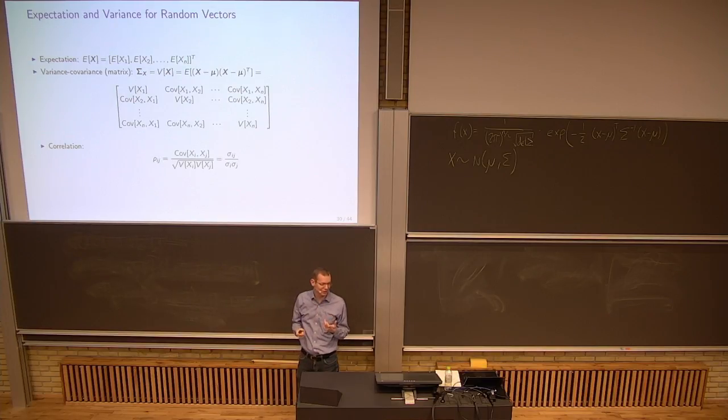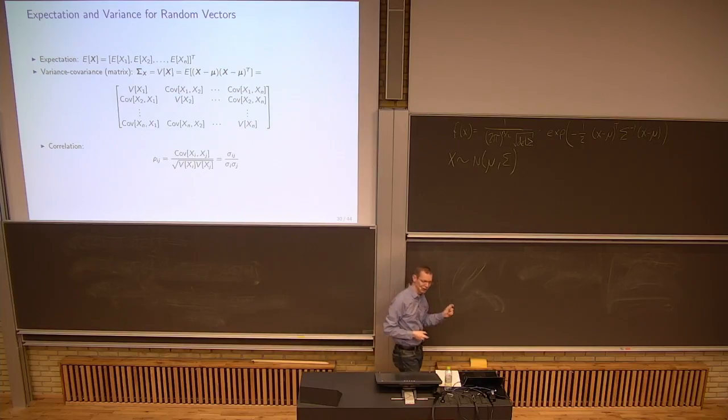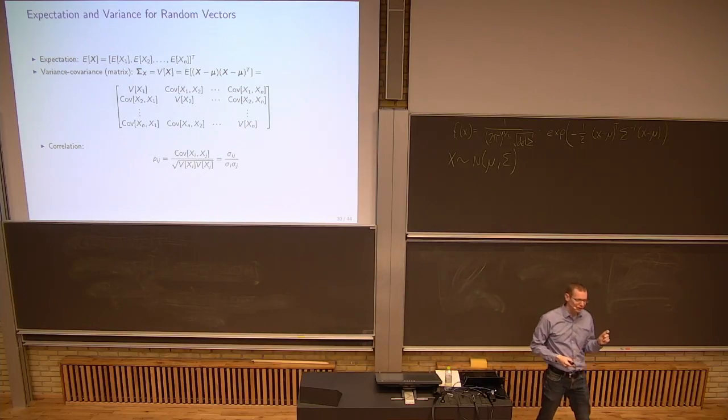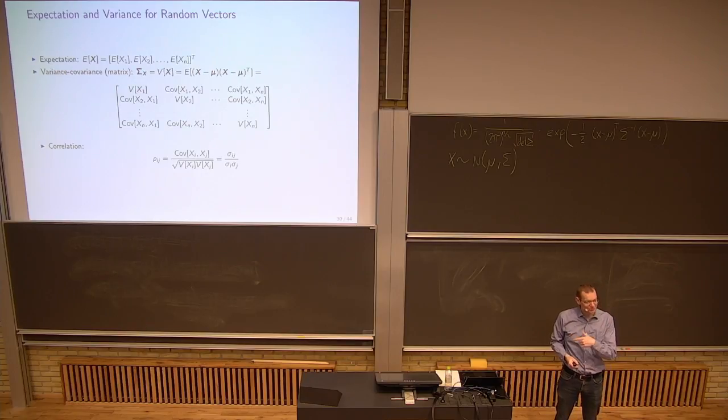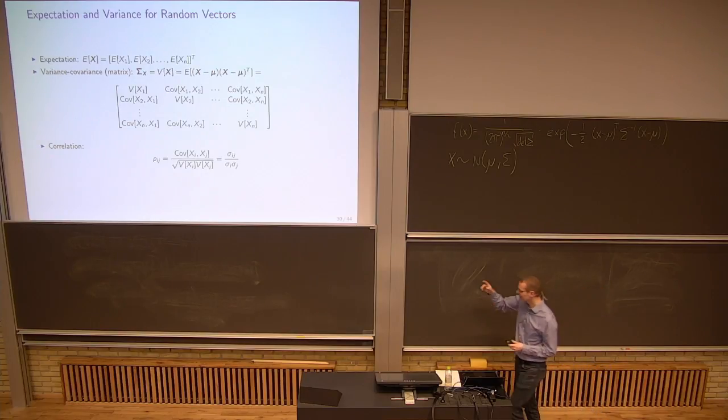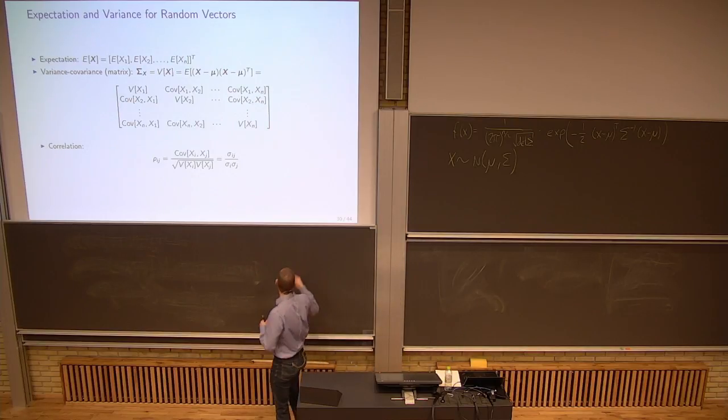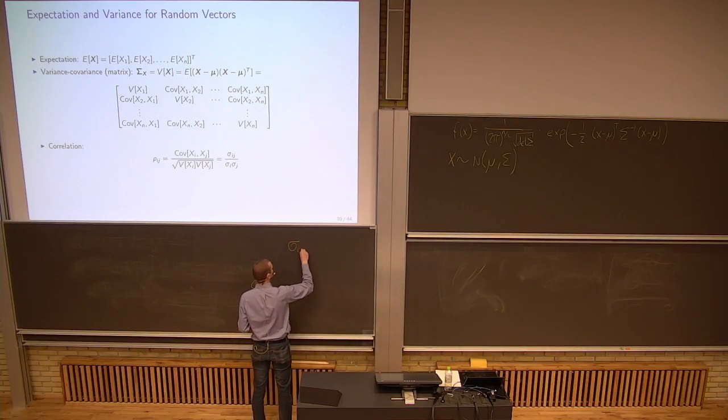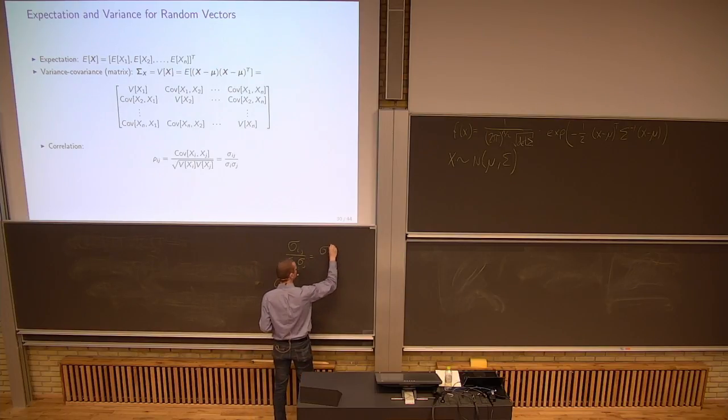So sigma ii is a variance. Sigma i is just the standard deviation. So sometimes you will see double i's or double j's, and then you take the square root. So that expression there is equivalent: sigma ij over sigma i sigma j is equal to sigma ij divided by the square root of sigma ii multiplied by sigma jj.